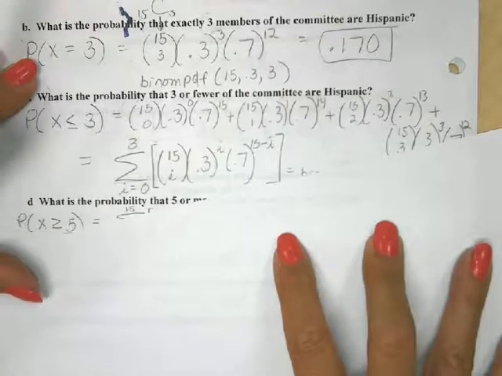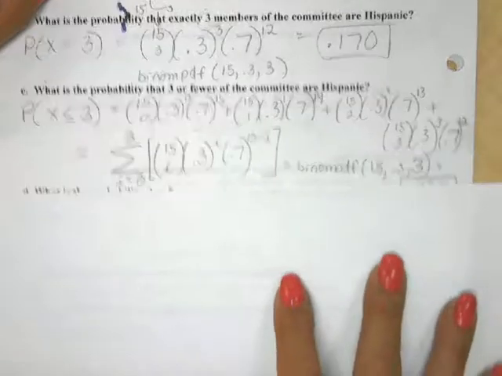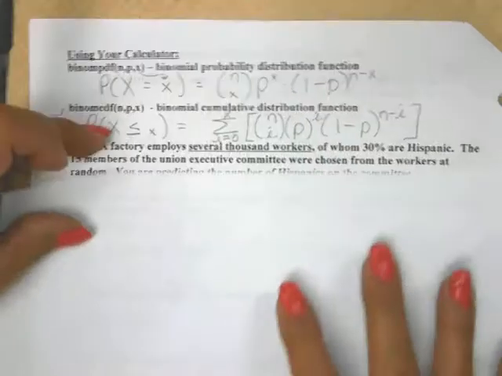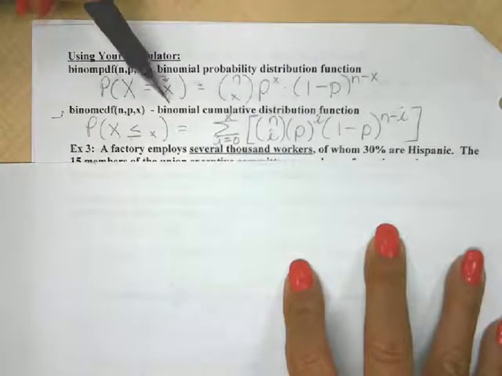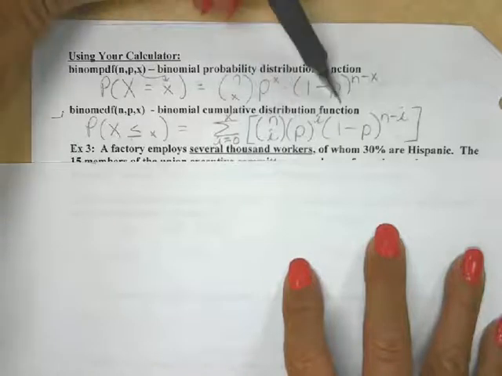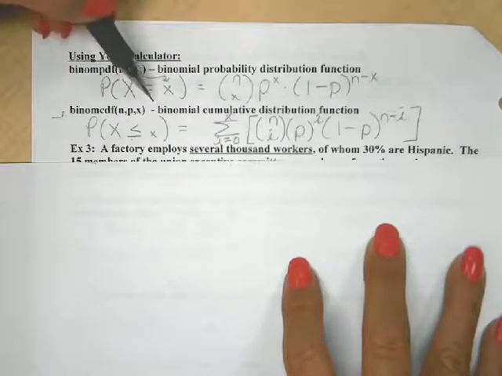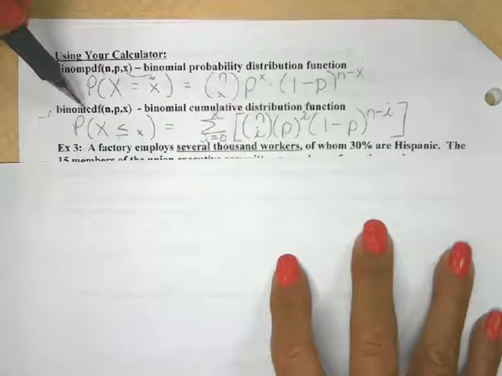Now, again, this is tedious to do all those calculations, but one nice thing is we do have another feature on our calculator that is called the binomial CDF, and that's referred to up here. So the binomial CDF button, you want to think of it as technically the binomial cumulative distribution function. But what you want to think of is the binomial PDF is to find a particular number of successes, as opposed to the binomial CDF, which is going to cumulate or accumulate a number of probabilities.